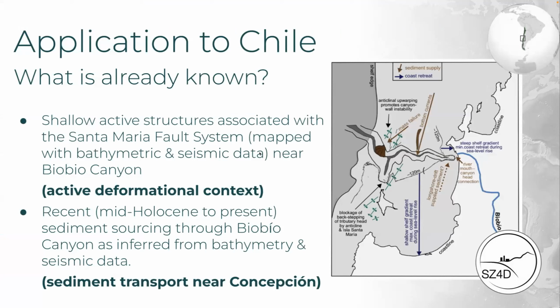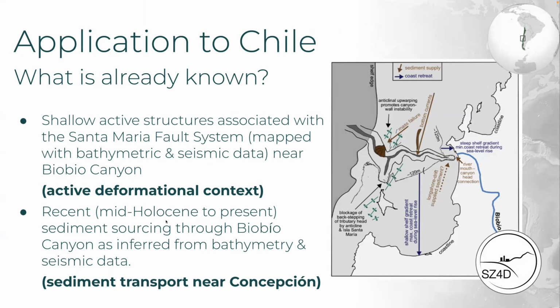And so for the Chilean case, what Kristen has highlighted is that we have some knowledge already of shallow and active structures in the forearc from bathymetric and seismic data located close to land up on the shelf, in this example showing this particular canyon system.